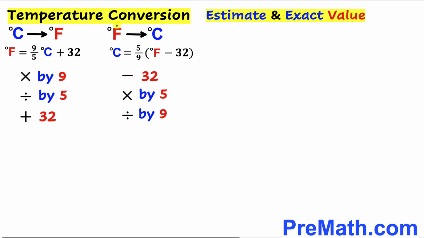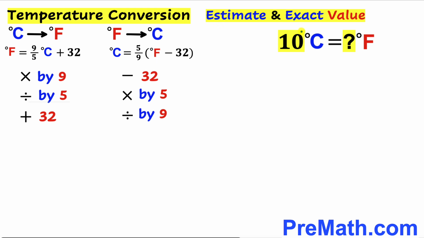And if we are going from degrees Fahrenheit to Celsius, then we are going to follow these steps. The very first step is we are going to decrease the value of Fahrenheit by 32. Then we are going to multiply by 5. And finally, whatever result we get, we are going to divide that number by 9.